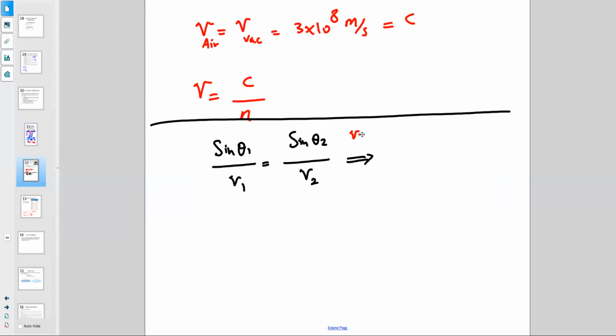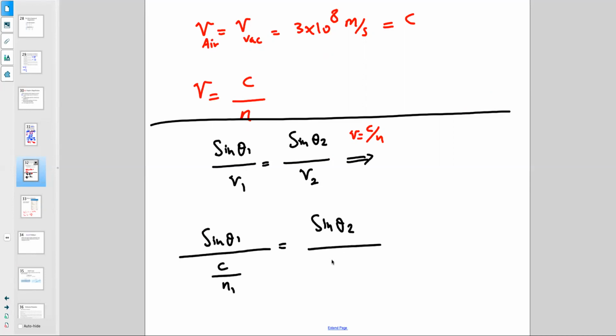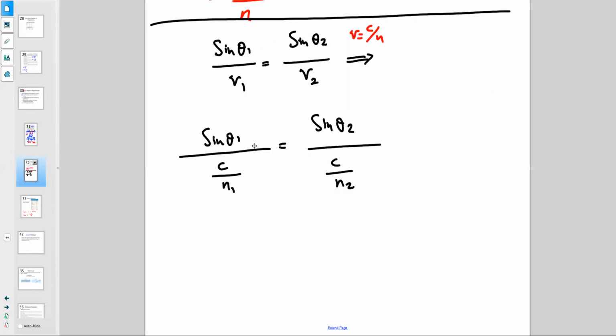So if I use this fact that v is c over n, then what I would have is sine theta 1 over c over n1 should be equal to sine theta 2 over c over n2. And now pay attention to this, that v1 is c over n1 and v2 is c over n2.